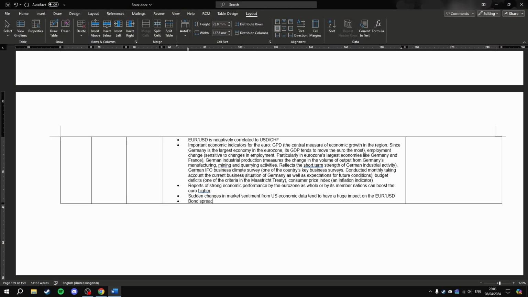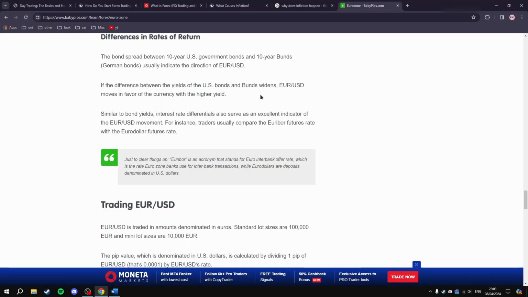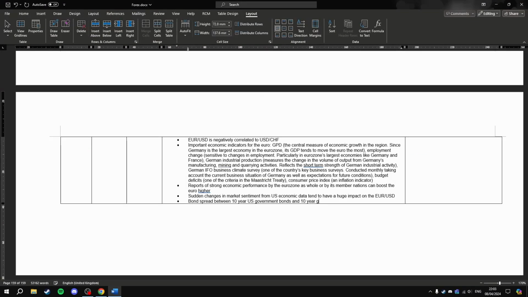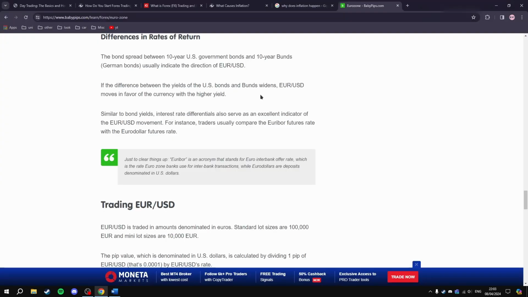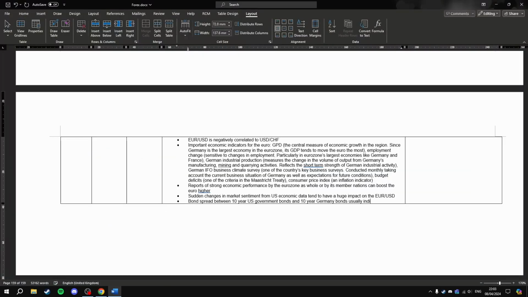So, the bond spread between 10-year US government bonds and 10-year Bunds, Germany bonds, usually indicates the direction of EUR USD.